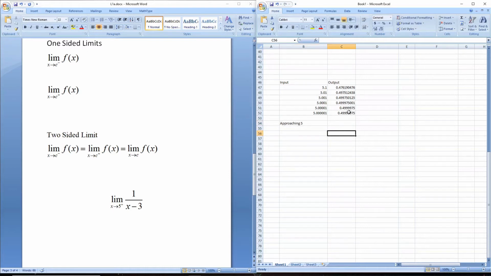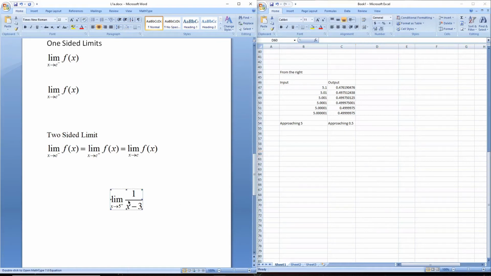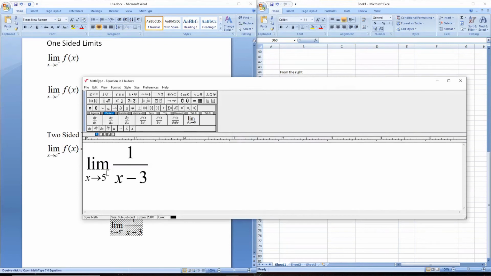We see the function is approaching 0.5. And now this was all from the right. So let's check this out again, but let's do it from the left.